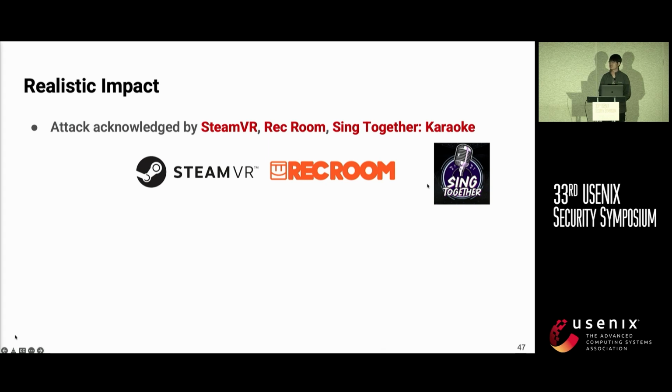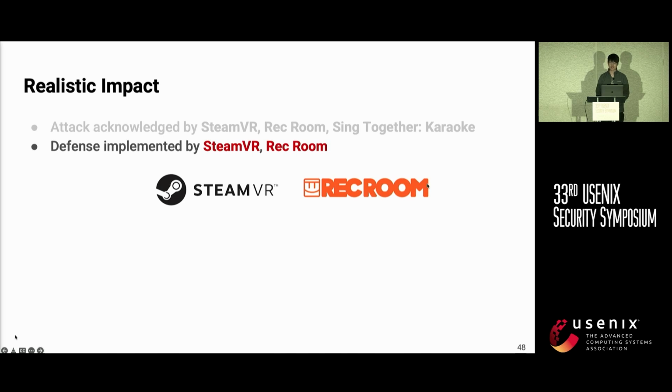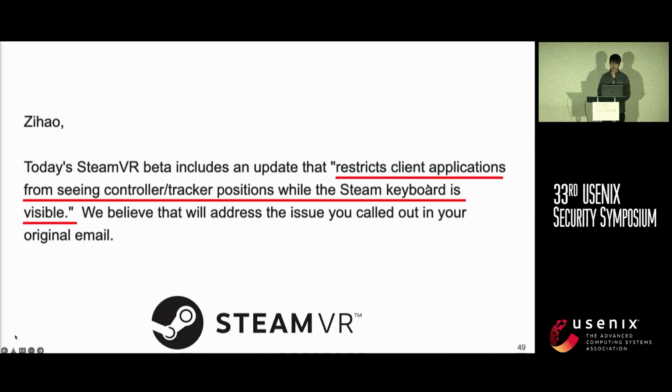So we reported our attack to SteamVR and all the applications we evaluated, and the attack has been acknowledged by SteamVR, Rec Room, and Sync Together. Furthermore, SteamVR and Rec Room have already created patches to fix this issue following our recommendation. SteamVR has implemented a defense to stop sharing typing movement with the apps, so that the apps cannot show this movement to other users without knowing.